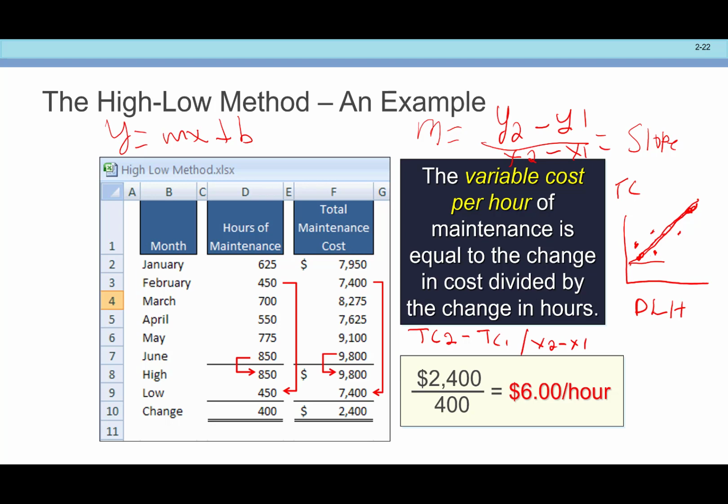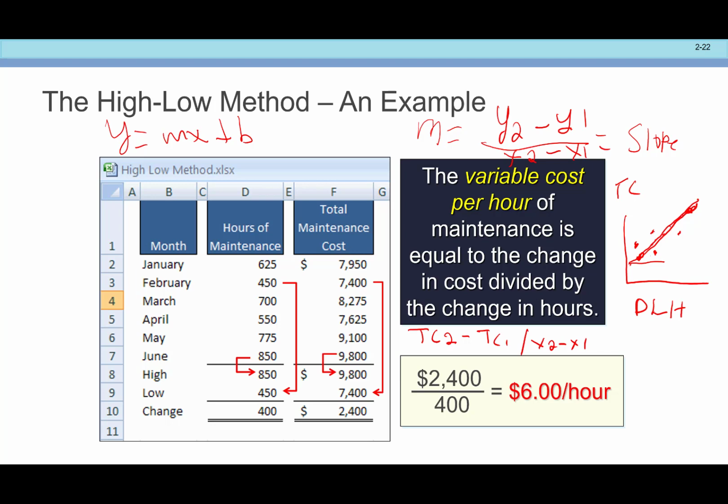Now in this example, they stopped at June because they didn't want eight years' worth of information up here. In fact, they didn't even want to deal with 12 months, to make it a short example. The more data points we have to observe, the more accurate our estimate's going to be, isn't it? But we've only got these six. That's okay.